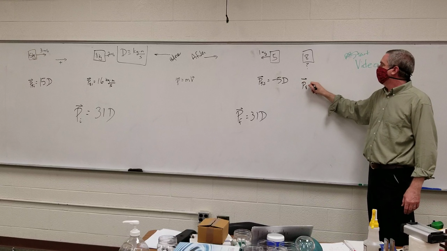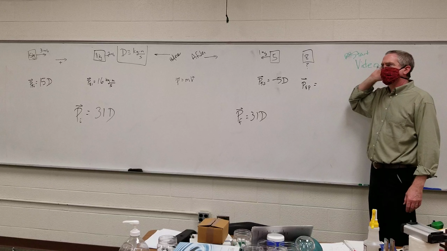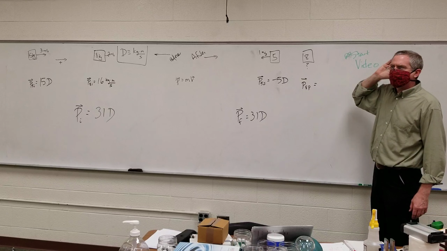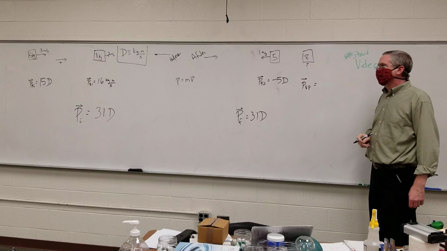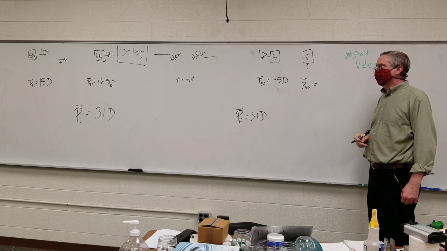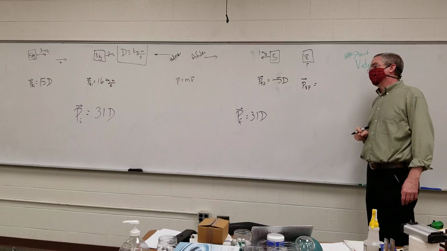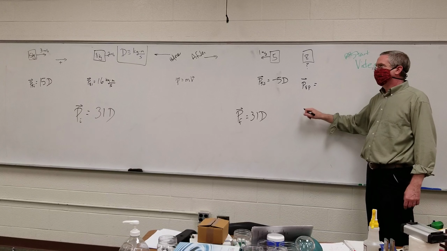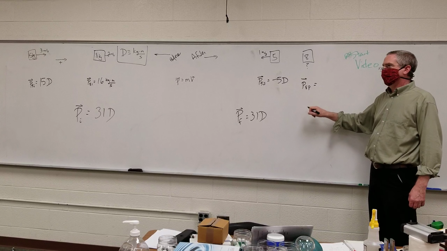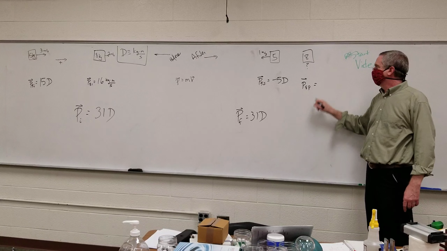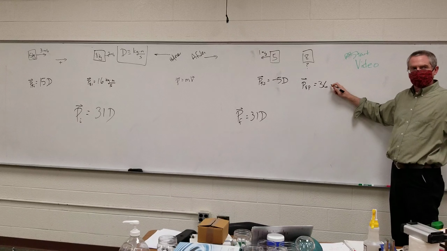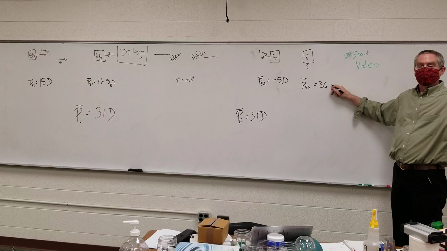No, almost. 26? 26 plus -5 is 21. Okay, it's 36. Yes, 36. 36 plus -5 is 31. Okay, finish it off.